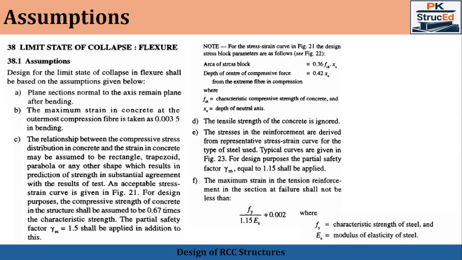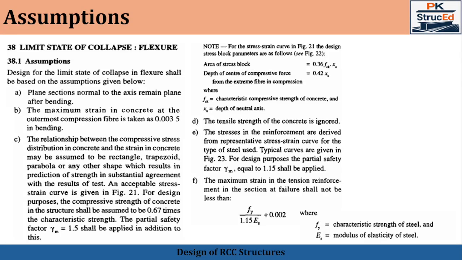So before deriving any equations, IS 456 makes certain assumptions regarding material behavior. The most important assumptions are: the plane sections before bending remain plane after bending. The maximum compressive strain in the concrete at the extreme fiber is 0.0035 in bending.